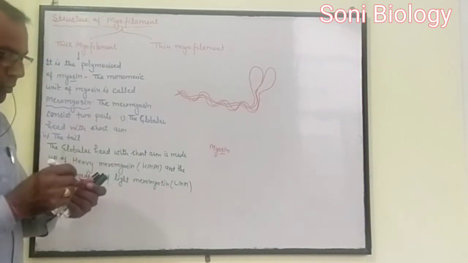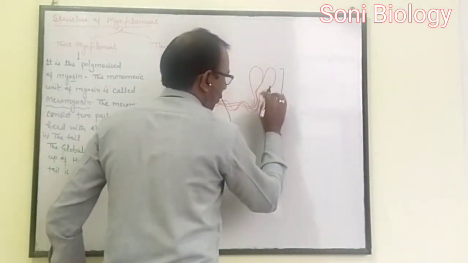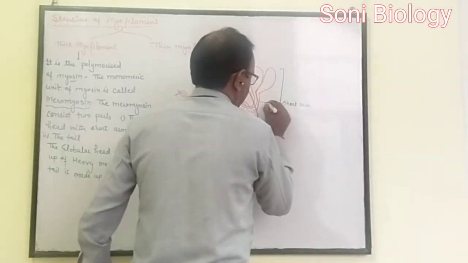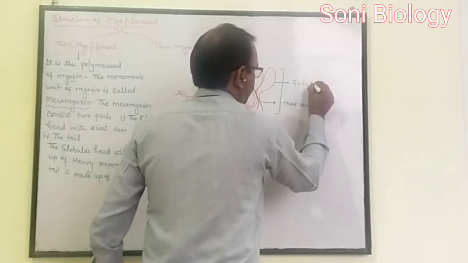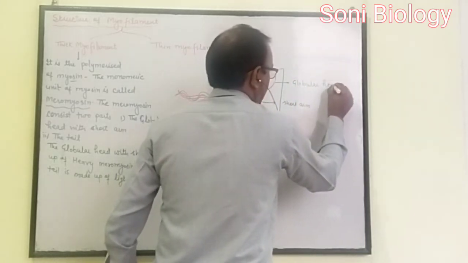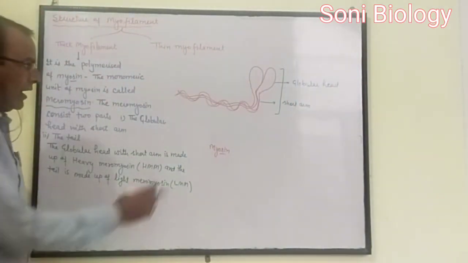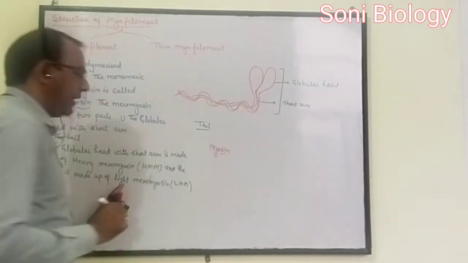It contains a globular head with short arm. This is the globular head and this one is the short arm. Both of these are made up of heavy meromyosin. And this one is called the tail, and the tail is made up of light meromyosin.